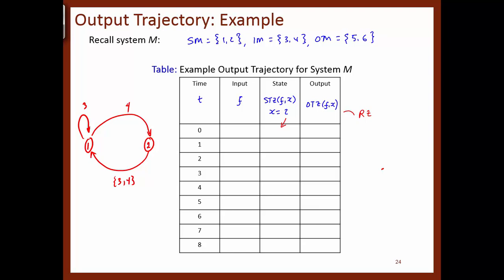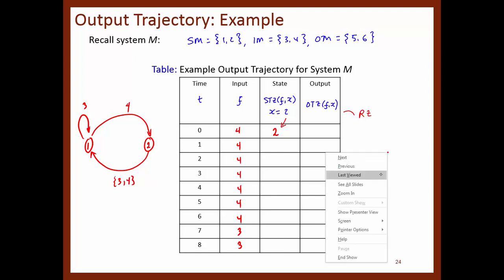So the input that is given is 4, 4, 4, 4, 4, 4, 4, 3, and 3. And this time we are starting our system at state 2. So this is 2.